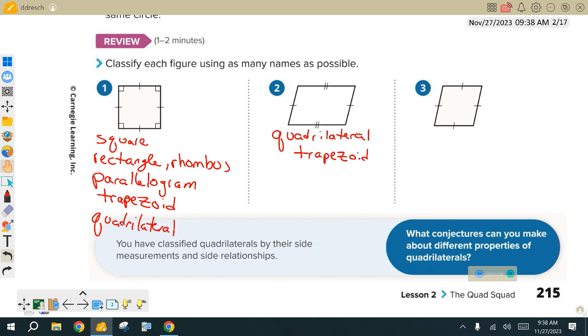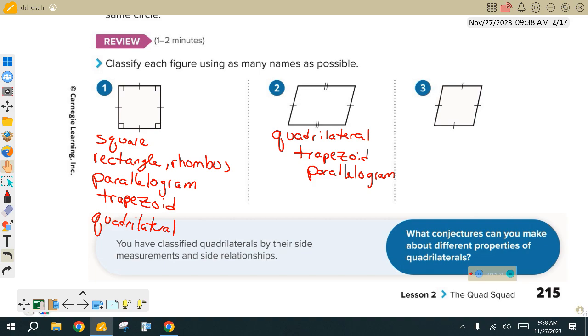Trapezoid has at least one pair of parallel sides, and after trapezoid gets us to a what? Correct. Parallelogram. I can't spell. Parallelogram. Wow. Okay. Now, are those parallel sides?